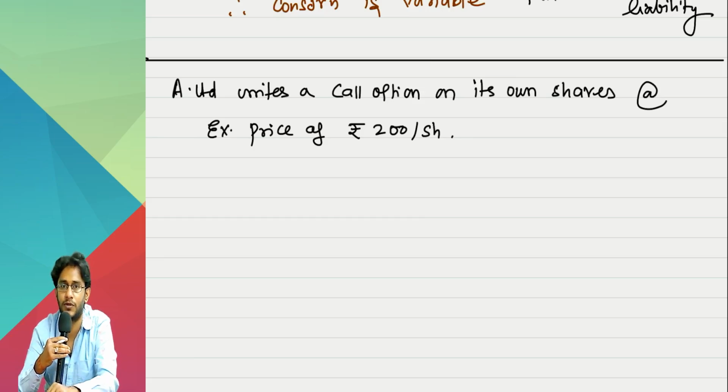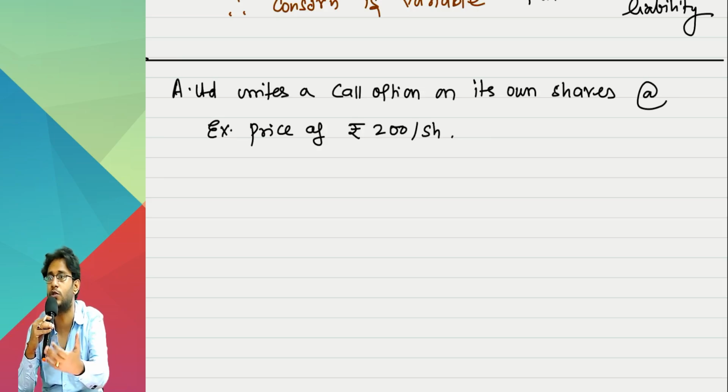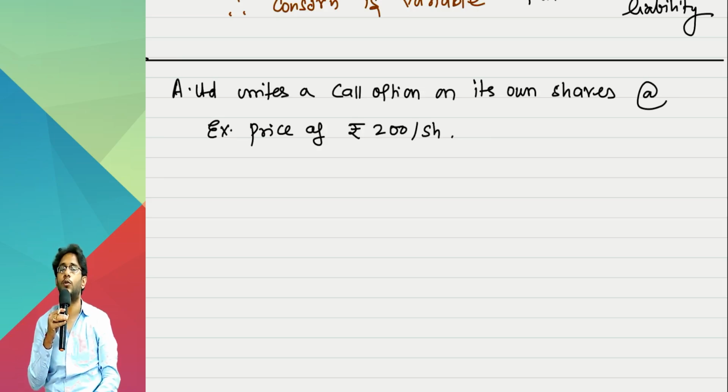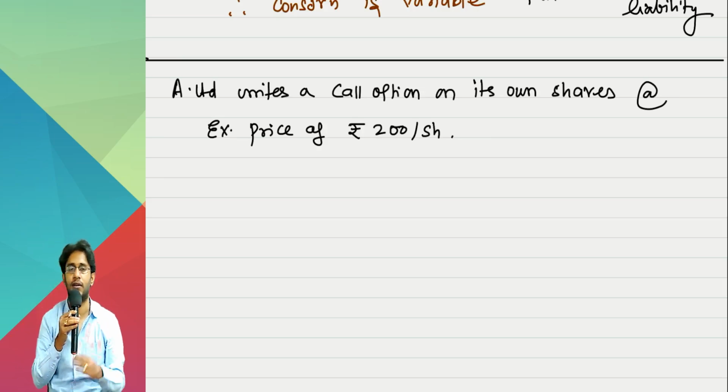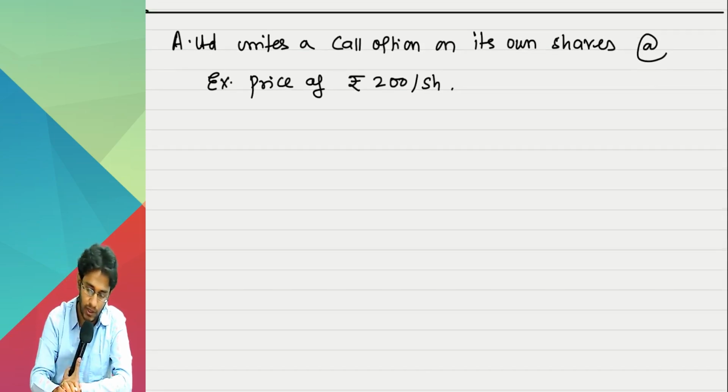Since I wrote a call option, I have an obligation to sell my own shares. Obligation to sell own shares is nothing but obligation to issue shares. If number of shares to be issued is fixed, automatically the contract is classified as an equity instrument. Let's see how it is framed hereafter.